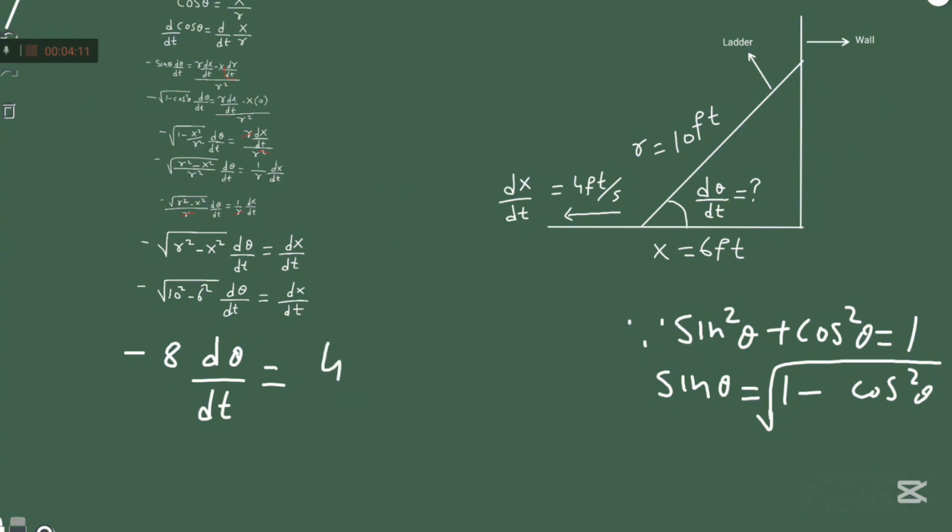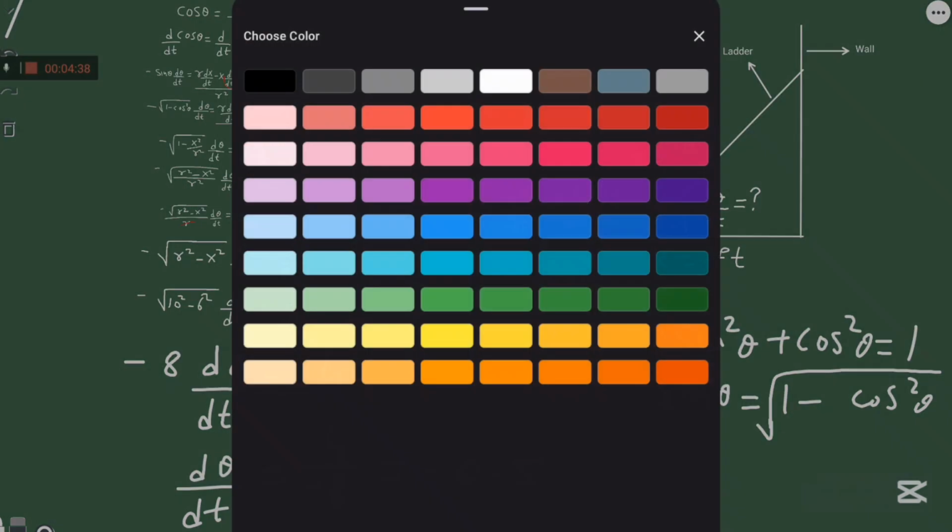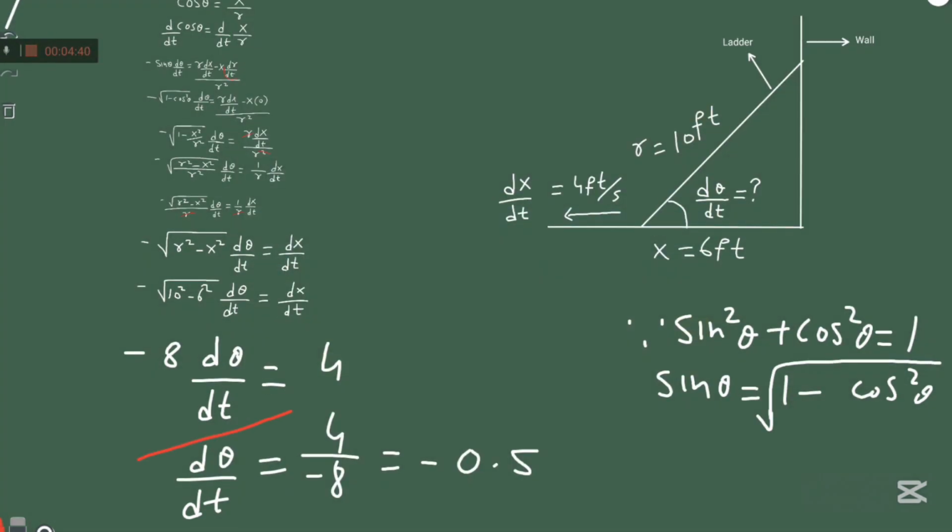So d theta over dt equal to 4 divided by minus 8. So it should be minus 0.5. So this is our final answer, d theta over dt equal to minus 0.5.